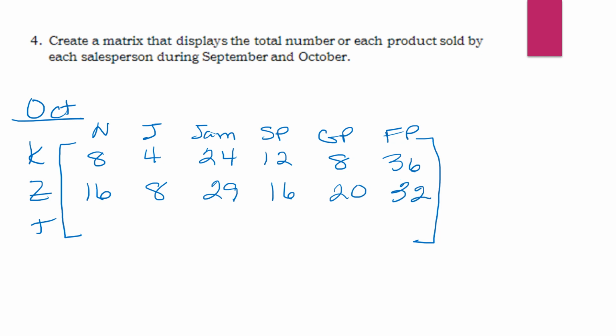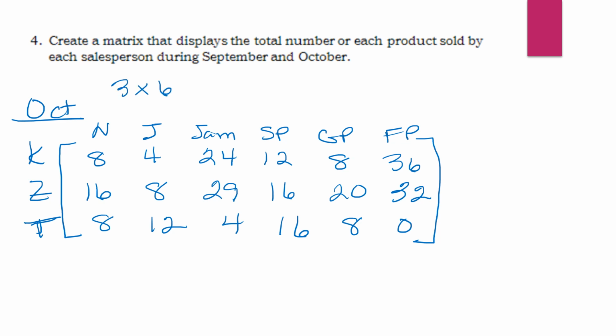And for Troy, he did 8 packages of nuts, 12 packages of jerky. What did he have for jam? 4 for the jam, 16 snack packs, 8 gift packs, and he didn't sell any family packs. Okay, so that would be our setup. This is another 3 by 6.